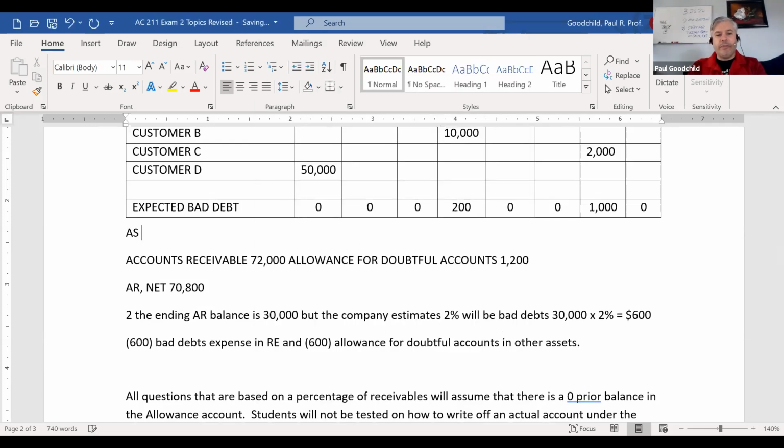So as a result of the aging, you'd make an entry of 1,200 to allowance for doubtful accounts.